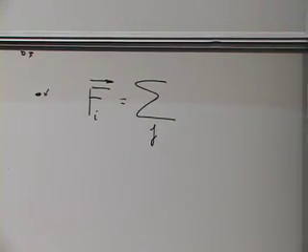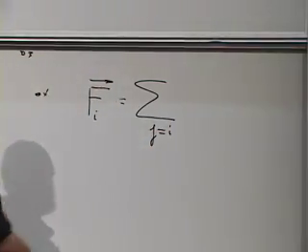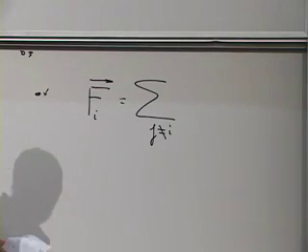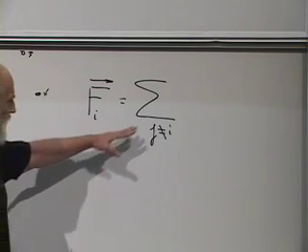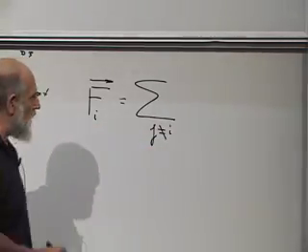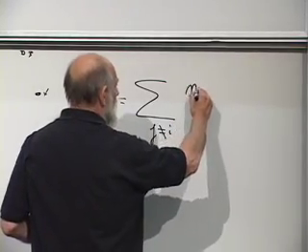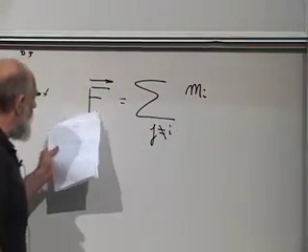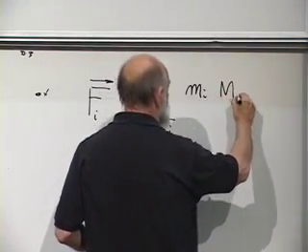Let's write that j not equal to i. That means it's a sum over all j not equal to i. So the force on the first particle doesn't come from the first particle. It comes from the second particle, third particle, fourth particle, and so forth. Each individual force involves m sub i, the mass of the ith particle, times the mass of the jth particle.